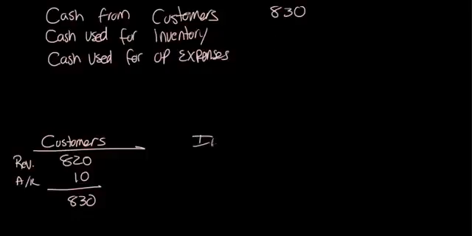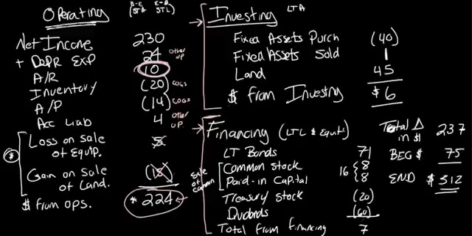So for my inventory, the first thing I'm going to look at is my cost of goods sold number from my income statement, and that was $390, and I'm going to put a negative on that because I know it's an expense. Let me look back here now on 39, and I'm going to pick up the inventory, which was a negative 20, and the accounts payable, which is a negative 14.